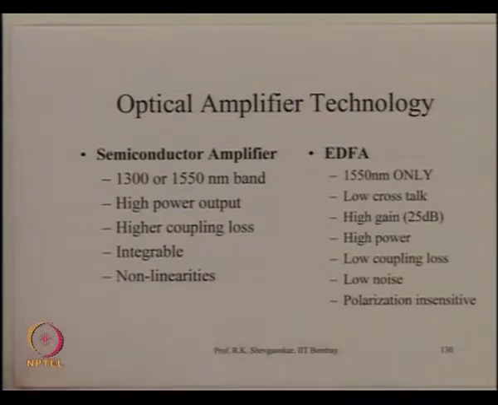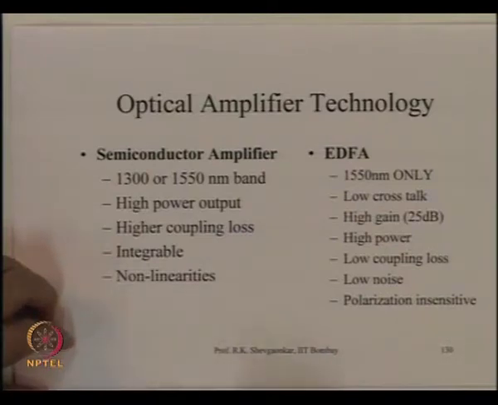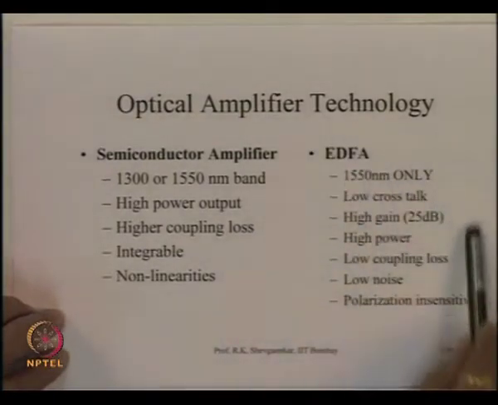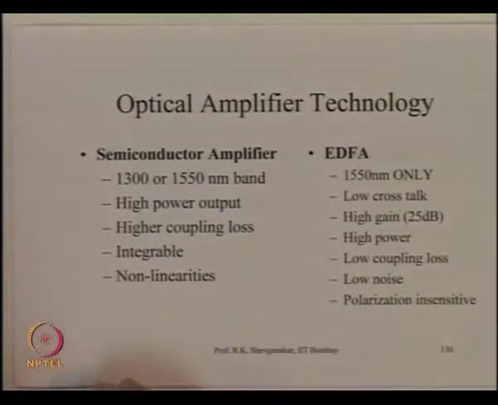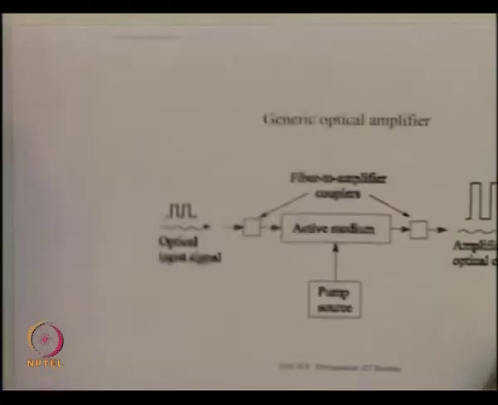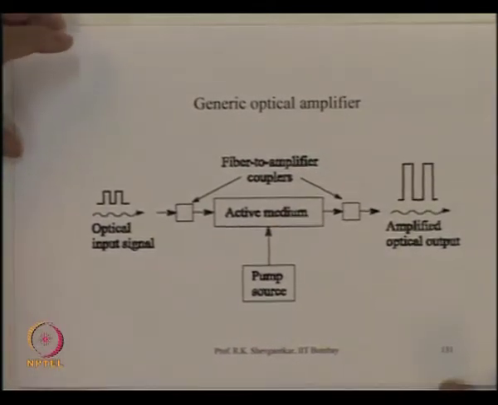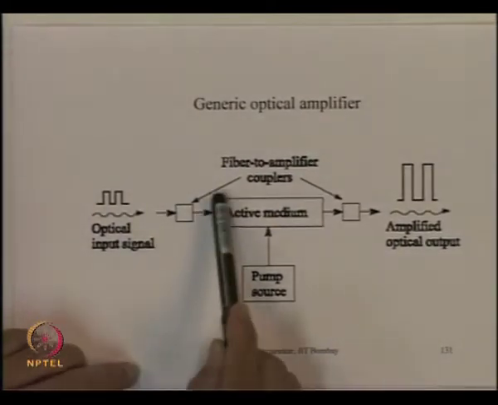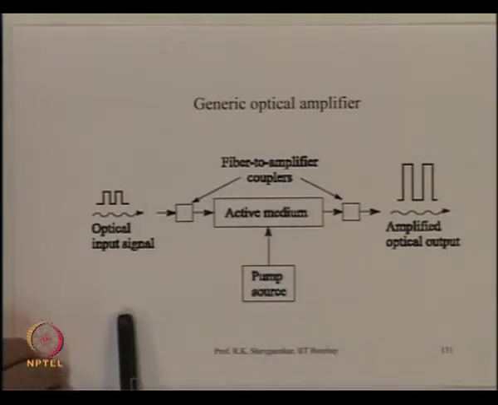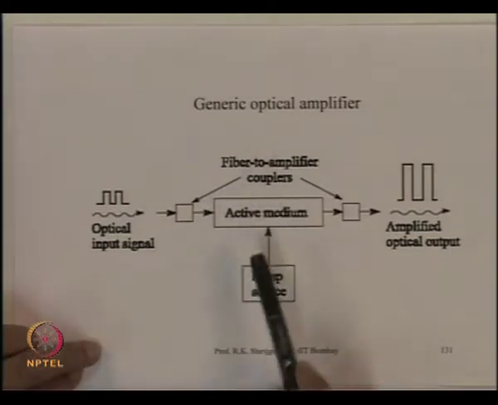So, in this lecture essentially we talk about the characteristics of the EDFA, the functioning of EDFA. Inside this erbium doped fiber amplifier also the principle is the same: we have a medium which can generate amplification, which we call the active medium, and then we pump this medium so that the medium is excited.